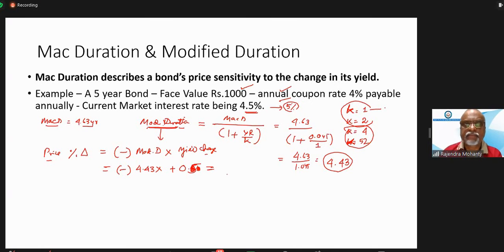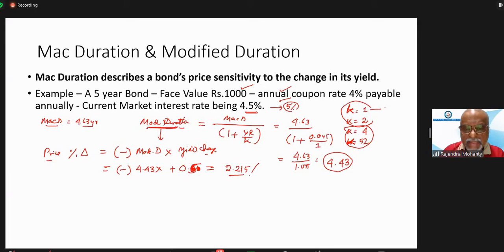How much is it coming? 2.215. Yes or no? Yes, sir. So we can convert it to percentage. We can say if the market rate is going up by 0.5%, the price will come down by 2.215%.